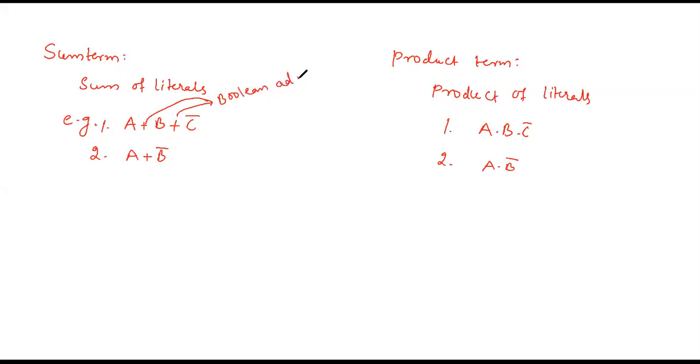Boolean addition indicates logical OR operation. Here we are having Boolean multiplication. It indicates logical AND operation. Okay. These are the two terms.